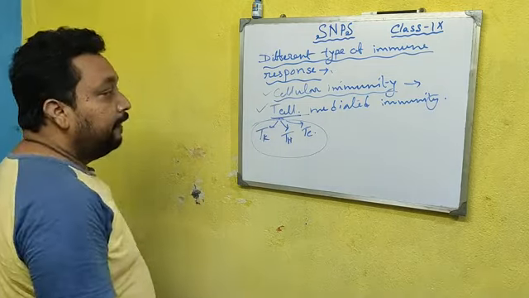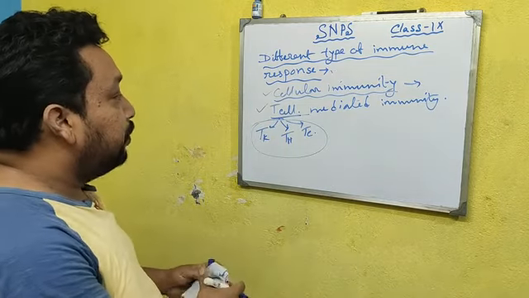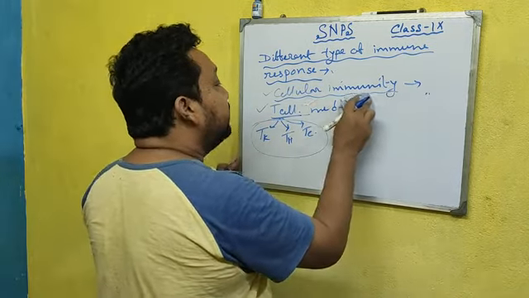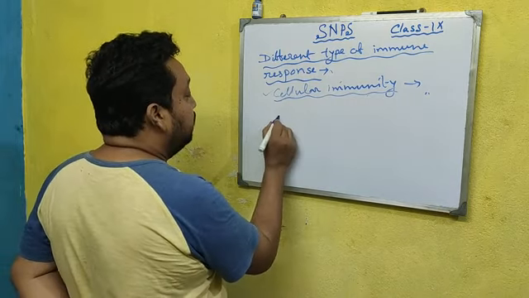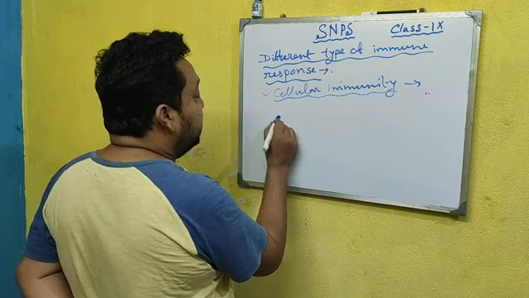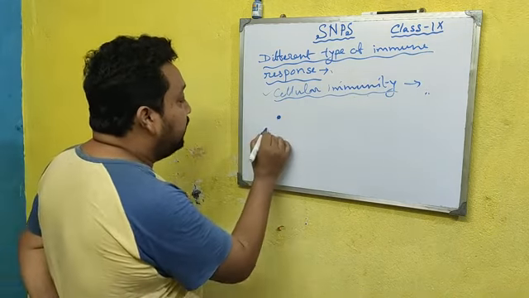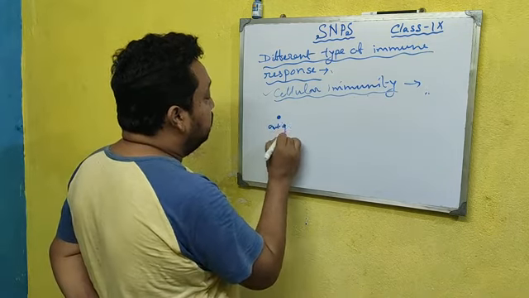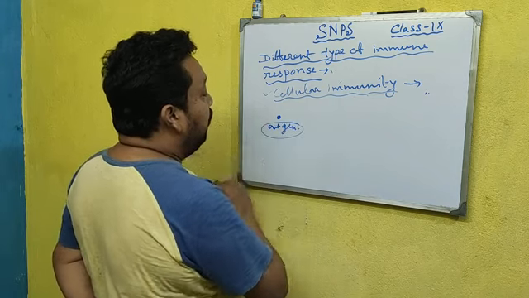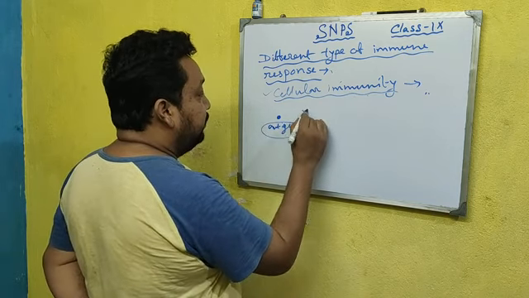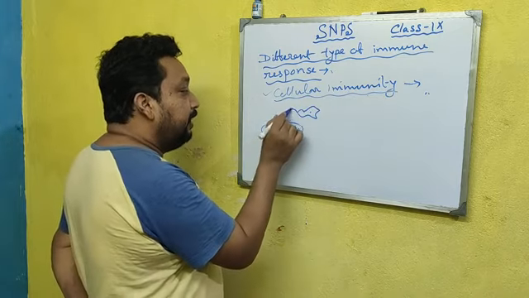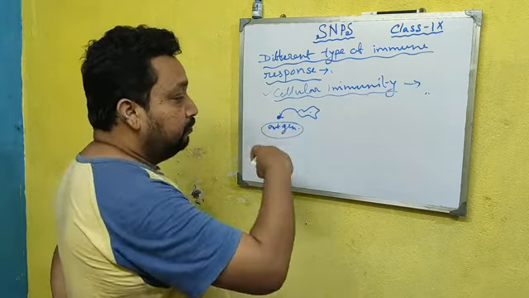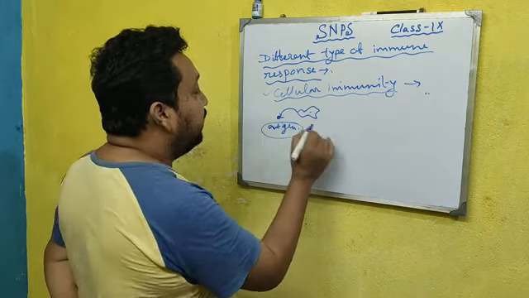Okay. So what is the process? Now first of all, in cellular immunity, there is an antigen. Think it is an antigen. Then the macrophage, which is present in our body, engulfs the antigen.